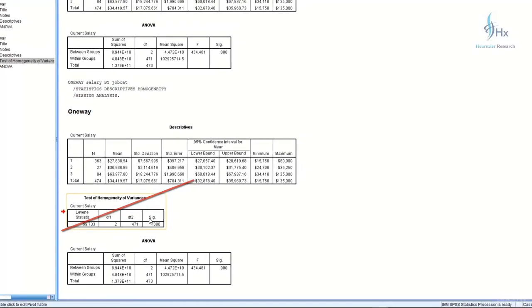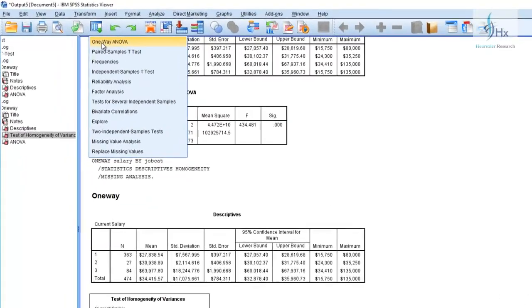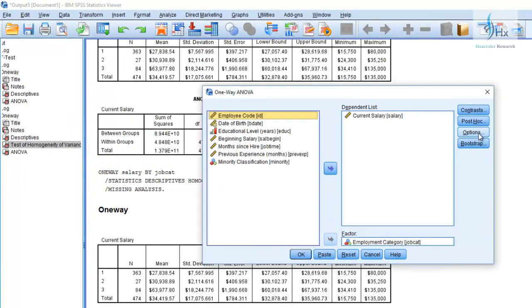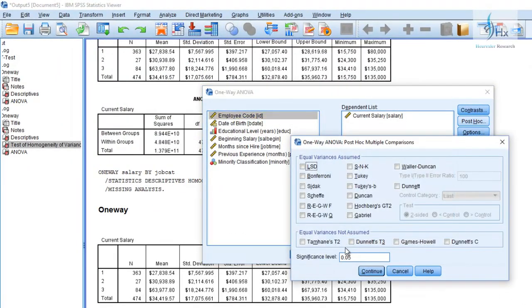Now we will run the post-hoc test again. Go to one-way ANOVA, click on post-hoc, and now we know that the homogeneity of variance condition is violated, so we have to select one test. All these tests have their own merits and demerits, and we will discuss more about them in the coming lectures. But one of the most popular tests for post-hoc comparison when the equal variances assumed condition is not fulfilled is the Games-Howell test.